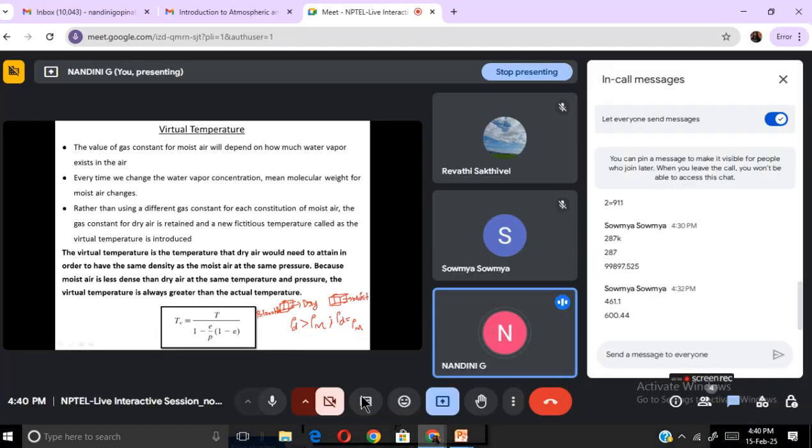Or let me ask you, which is more stable, a warmer air parcel or a cold air parcel? Suppose we have a warm air parcel with a higher temperature near the ground, and then there is a cold air parcel near the ground. Which one will rise up, the parcel with high temperature or low temperature?